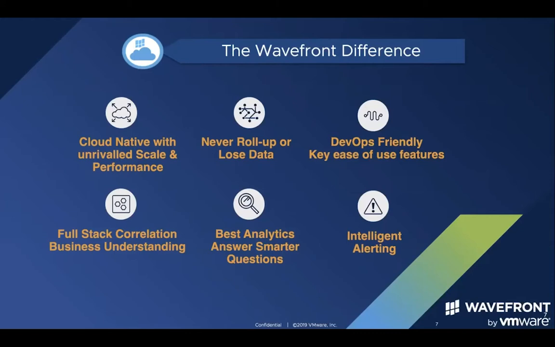So intelligent alerting actually helps developers raise just about the right alerts, more accurately and with more complete data across the whole stack, so that they are not fatigued by all those false negatives or false positives happening all the time. That's some of the things that our customers really praise Wavefront for, because now they have a single place where they can just create the alerts and don't have to worry about all the other parts.